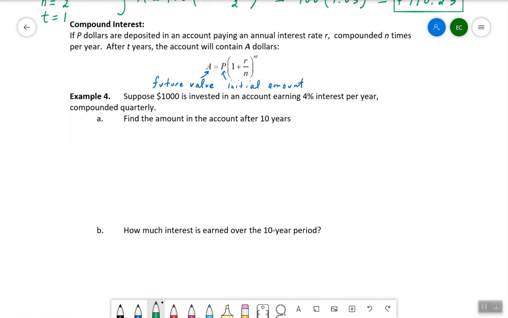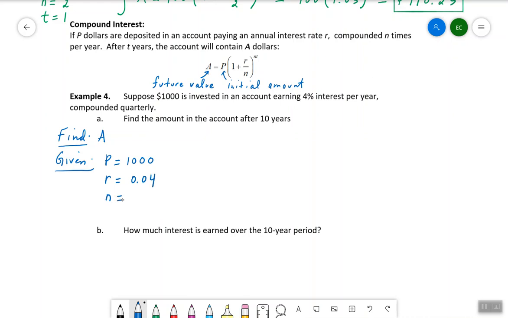And so this time, we're trying to find the future value, and we're given that the principal is 1,000 and the rate is 4% or 0.04.